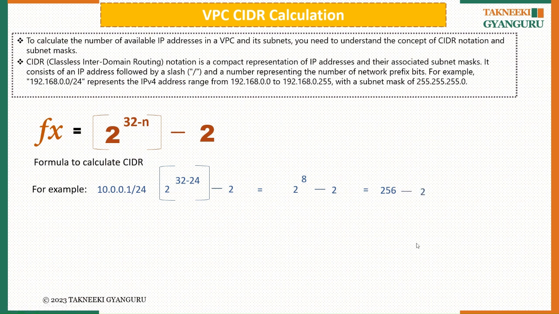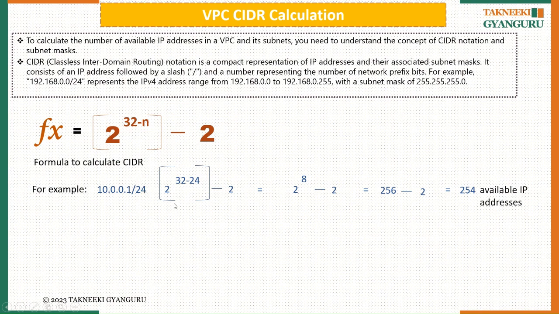It means the available IP addresses will be 254. 2 will be deducted because these are reserved IP addresses. So available IP addresses should be 254.